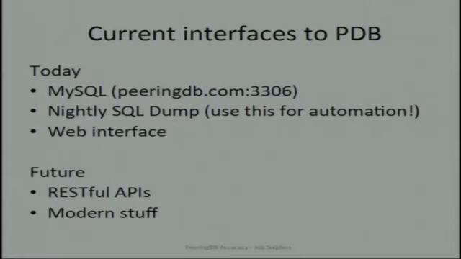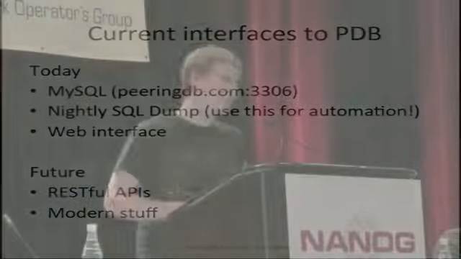And then, of course, there is the web interface, which I showed in the previous slides. In the future, we hope to offer RESTful APIs with kinky keywords such as JSON or maybe even XML. But that's the future. We don't have that today.